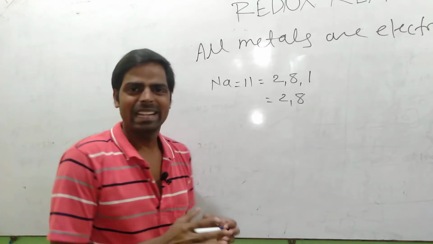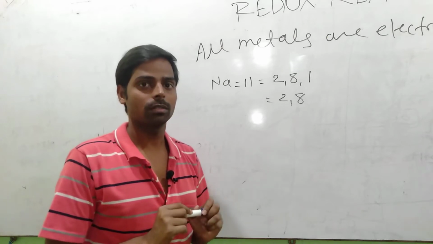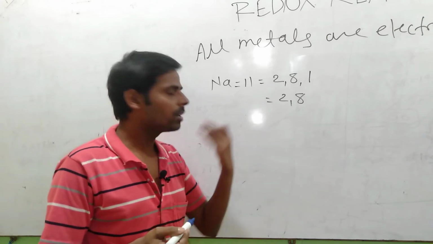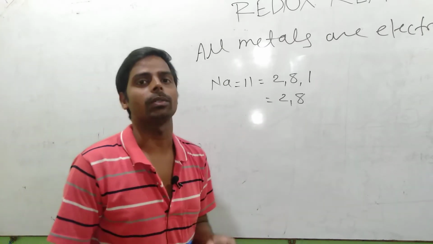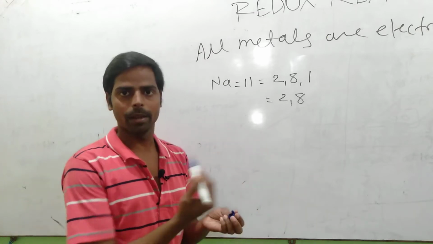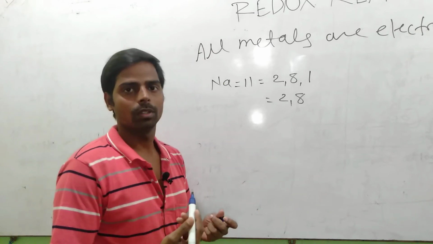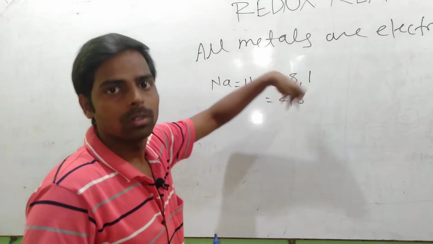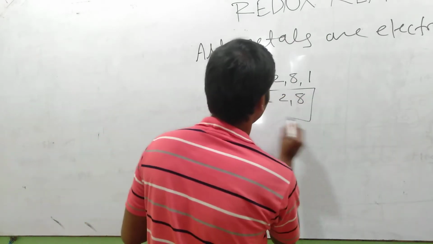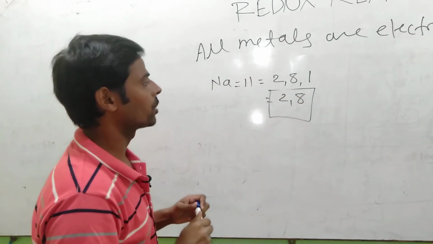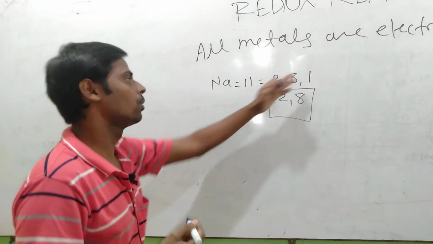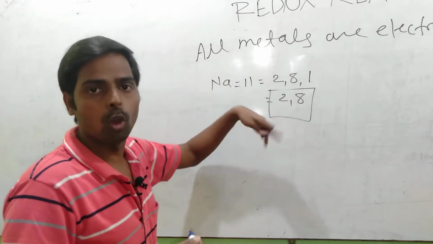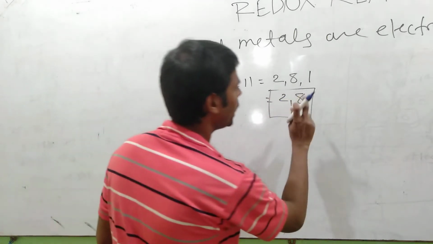Because in the transition of electrons, more energy would be required if sodium gained 7 electrons. That's why sodium loses 1 electron and attains the normal gas configuration, 2, 8.